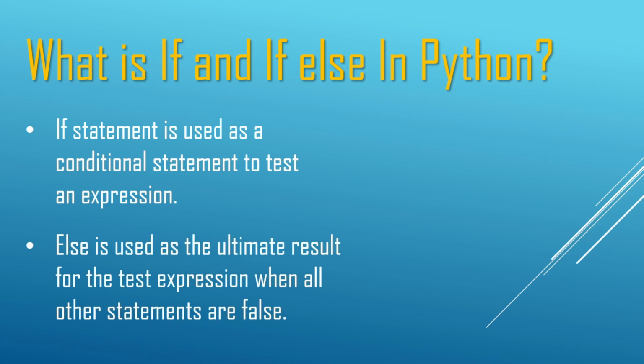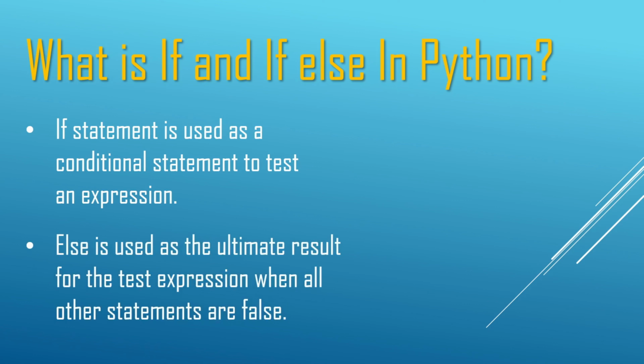So when the if block is not executing, the else block will be executed. This is all about the if and else statement. You will be able to understand this better when we write the example in our Visual Studio Code editor.